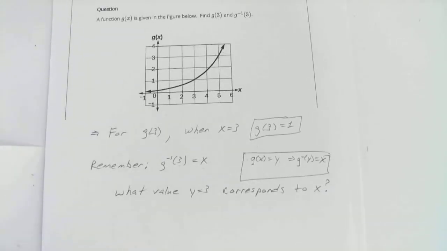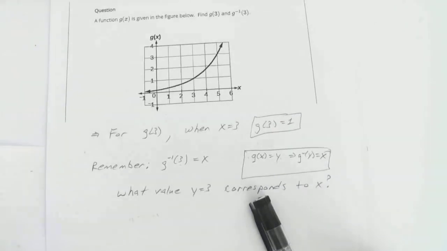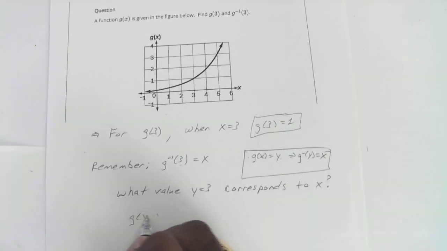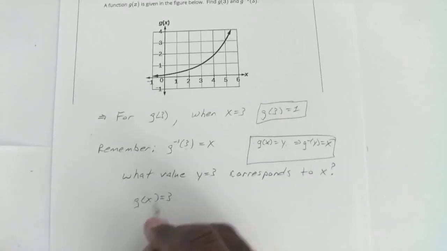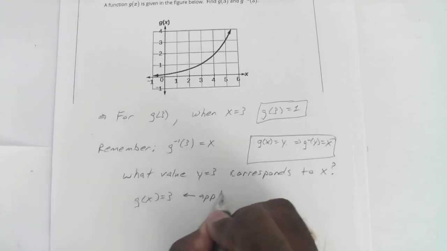Okay. So here, now if you wanted to actually work it all out, you could. Because you could have g inverse of 3 equals, I guess you could say, well, g of x equals 3. So g of x equals 3. Apply g inverse to both sides.